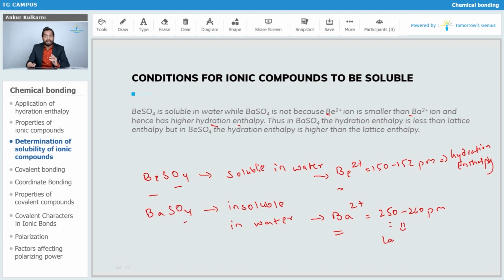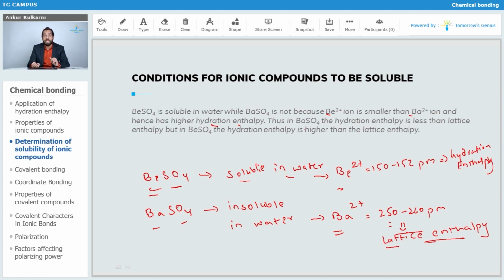But what is greater? The lattice enthalpy is greater in barium, correct? And in beryllium, hydration enthalpy is greater. So according to this, we can say that beryllium sulfate is soluble in water due to higher hydration enthalpy, and barium sulfate is insoluble in water due to higher lattice enthalpy.